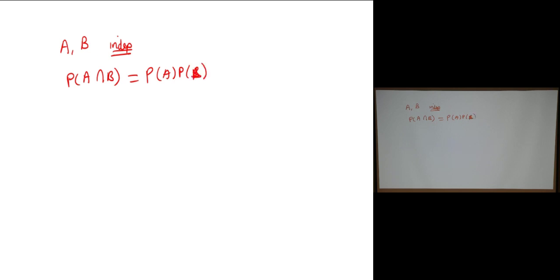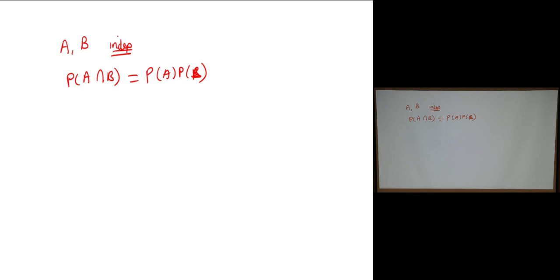So we have two events, A and B. They're independent if the probability of both events occurring equals the probability of A times the probability of B. All right, so that is for two particular events.